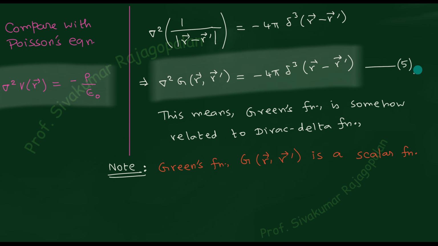If you solve equation number 5, the solution should be the Green function. And that Green function we will be using to calculate the V here. So it's a kind of roundabout procedure. Instead of solving the original equation, you first solve some other equation, that is equation number 5, and after that you come back here and solve this.